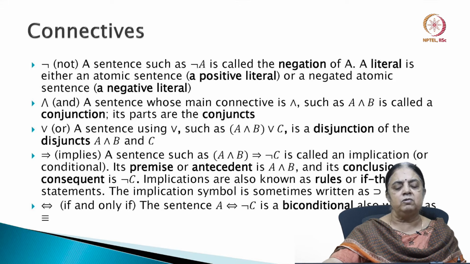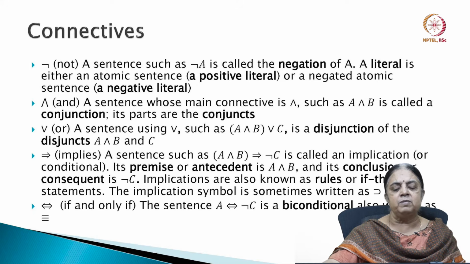If you look at an implication sentence, it has 2 parts. You have the premise or the antecedent which comes before the arrow or the implication symbol, and the conclusion or consequent. So here the conclusion or consequent is not C.